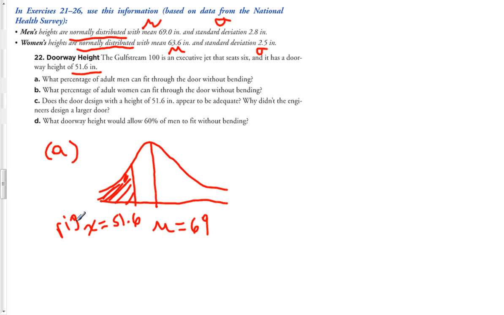The left z-score is going to be negative infinity, because this goes on out to negative infinity and never actually touches. So in the same way we use E99, negative infinity is going to be negative E99.